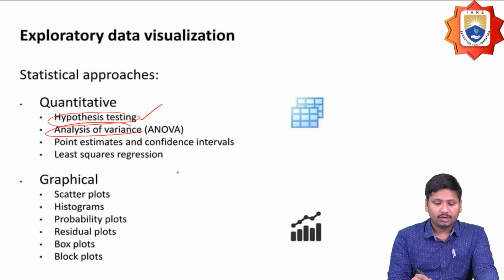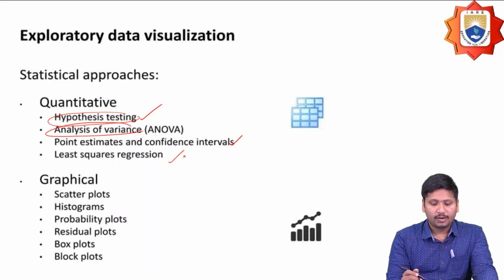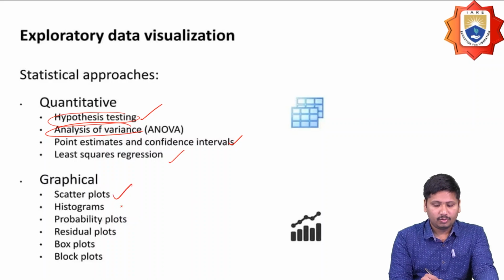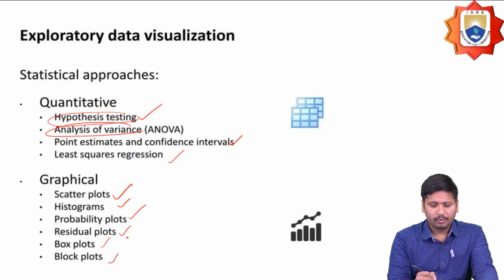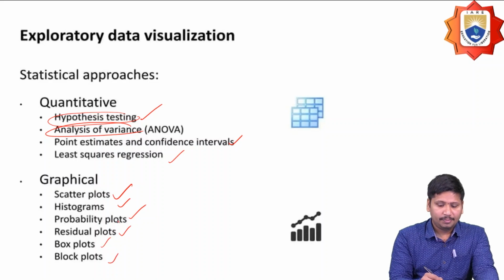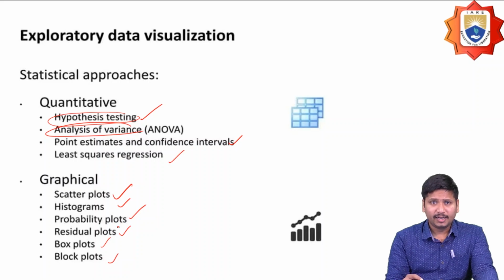So these are some of the techniques that can be applicable on the quantitative data. And similarly the graphical representations of the data will be scatter plots, histograms, probability plots, residual plots, box plots, and block plots. So these are the different types of data analysis I can apply.